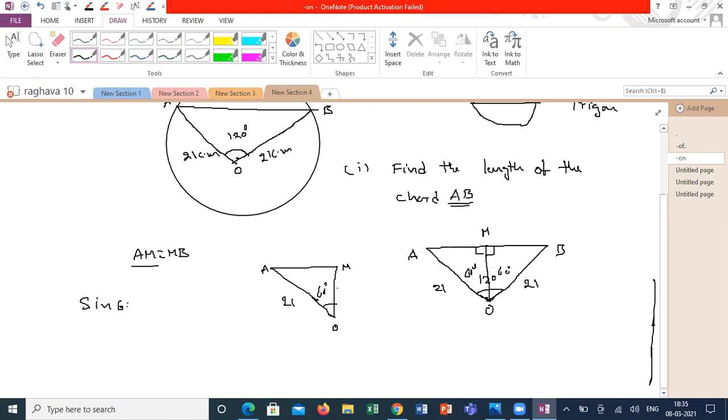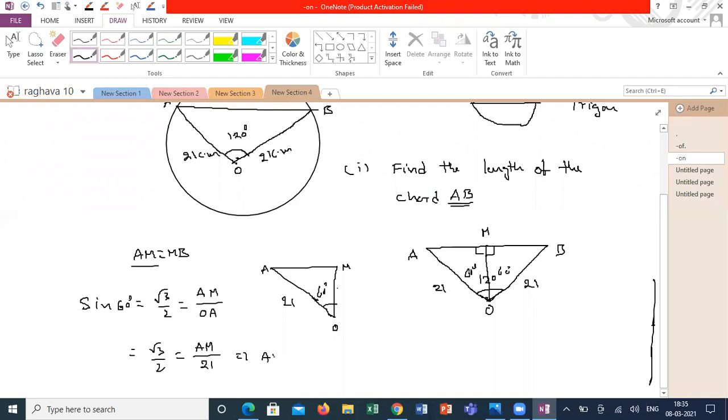What is the value of sine 60 here? Root 3 by 2, sir. Root 3 by 2. According to the definition, opposite side by hypotenuse, AM by AO. So root 3 by 2 will be equal to AM by 21.